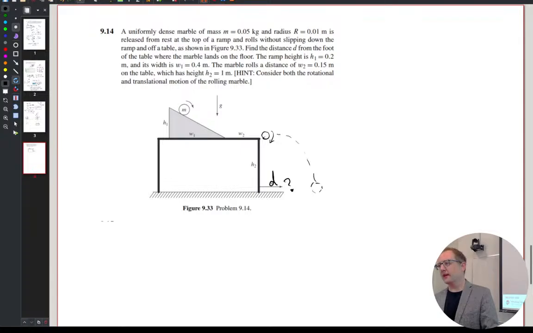So what are we thinking for this problem? What's your first thought here? Conservation of energy. Where is energy conserved? Everywhere. Is it everywhere?